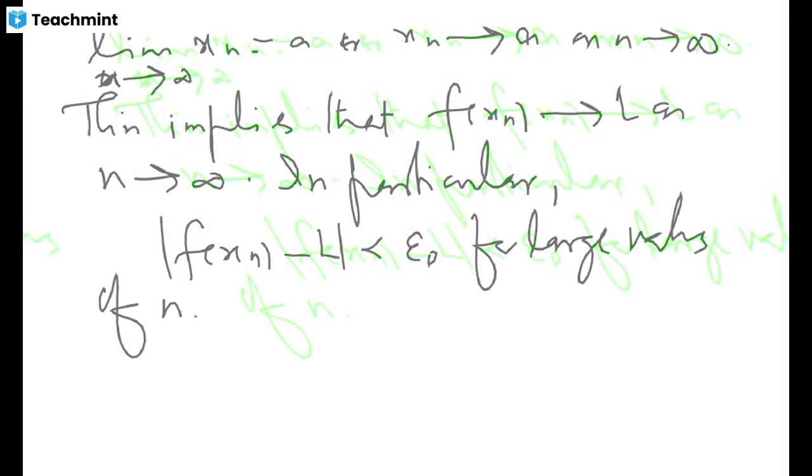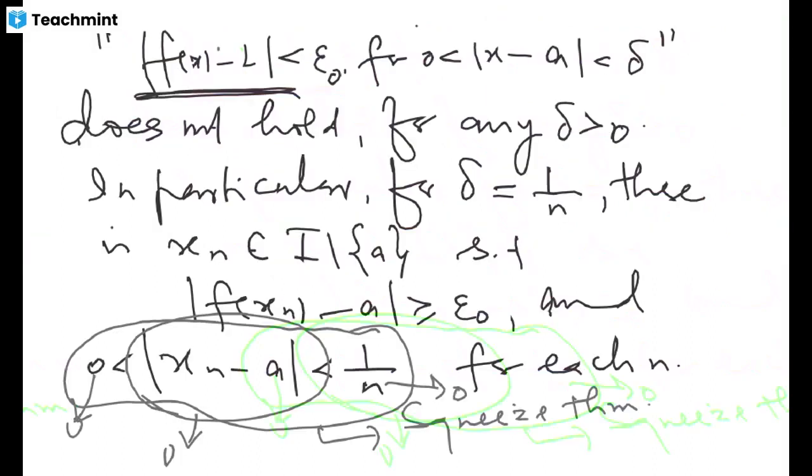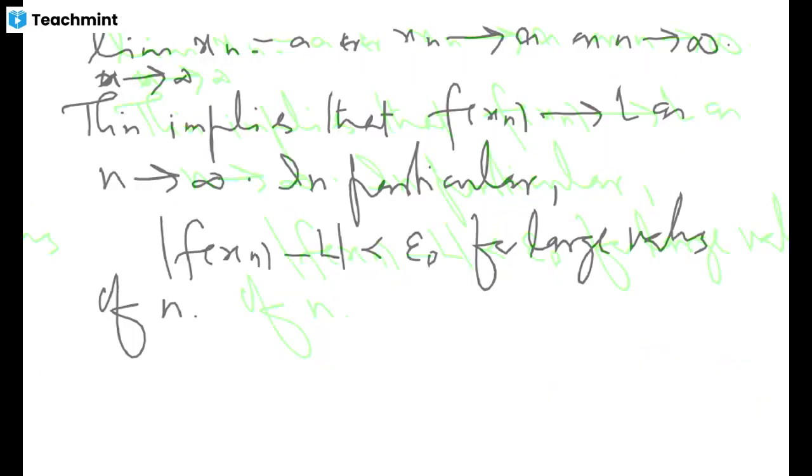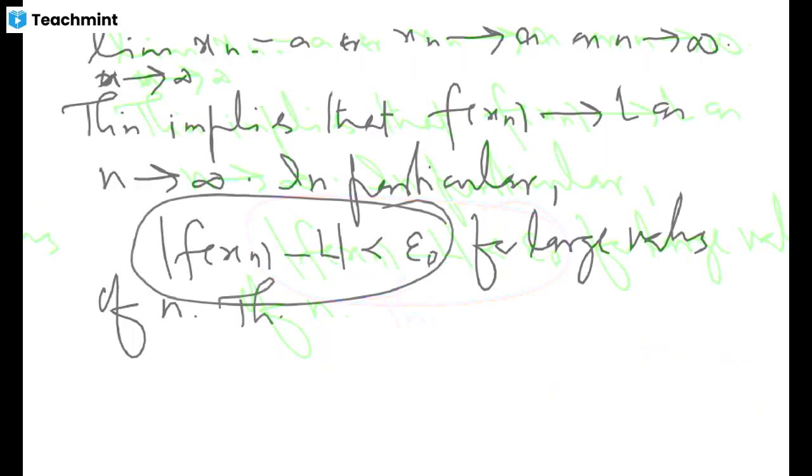But this cannot happen, because you look at this part of this inequality here. Let me highlight it. This part says that whatever value of n you take, the absolute value of f of xn minus L is greater than or equal to epsilon naught. And so this goes in contradiction with this. So this is nothing but a contradiction.